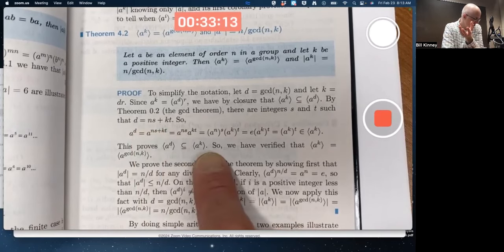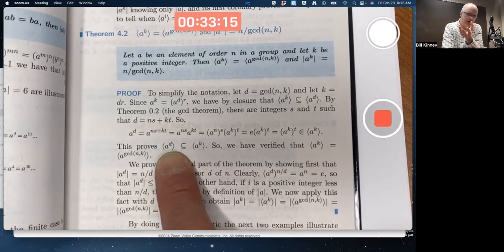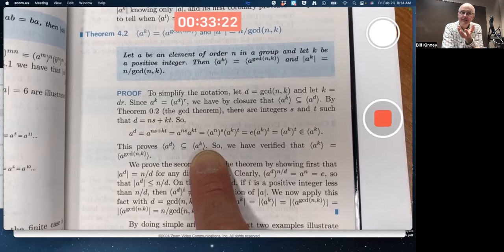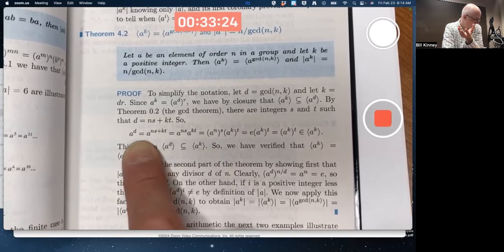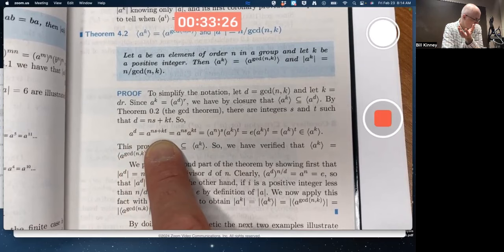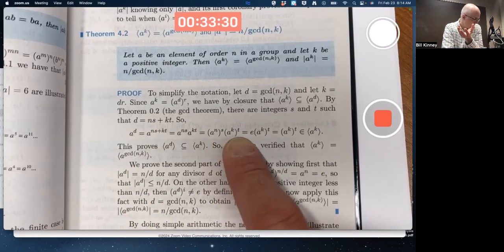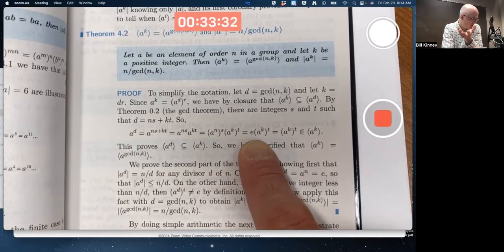We're trying to show that inclusion there. Effectively, by closure, we're trying to show A to the D is a power of A to the K. Use the GCD's linear combination theorem. Use properties of exponents here and here and here. Use the fact that A has order N right there. Don't forget about that.